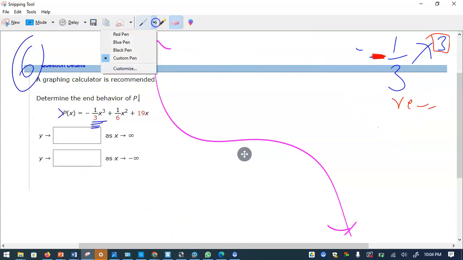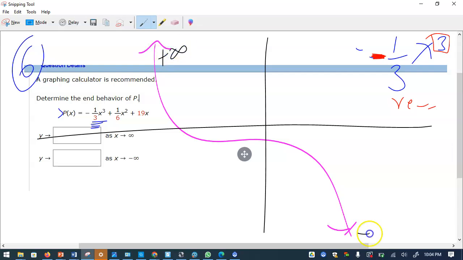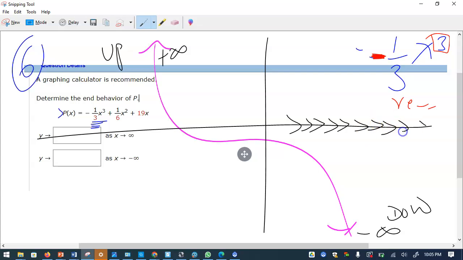So I can just draw the x-axis and y-axis something like this. Look at this. That means this goes up to plus infinity and down it goes. So this graph becomes up, down. So if I take the inputs as very large positive x, the output becomes very large negative.